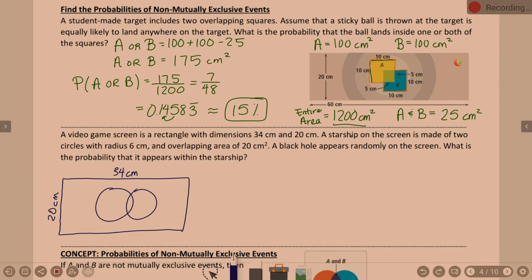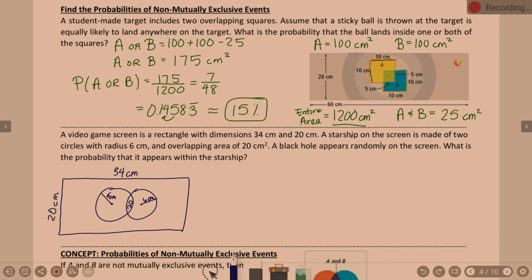We know the overlapping piece, I think I made that too small to really write in there, is 20 square centimeters. And we know each circle has a radius of 6. Again, we're going to be talking in terms of area, correct?